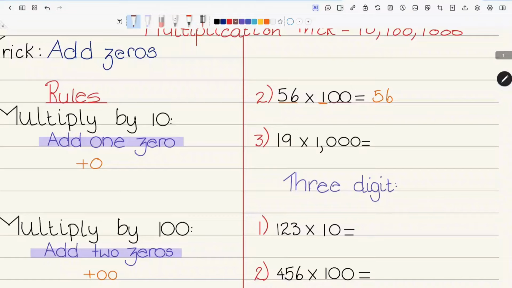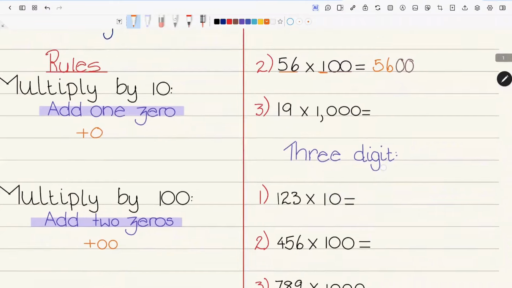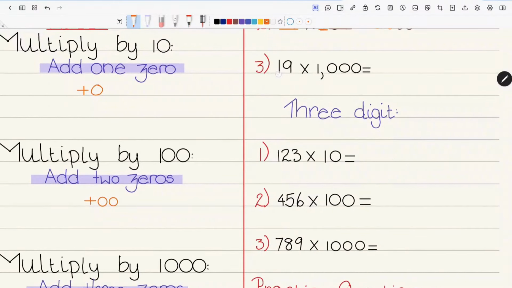So if it's 2, you add 2 zeros. Moving on to the next question. If you have 19 times 1 and 3 zeros, you multiply 19 by 1, which gives you 19. And how many zeros are there? There are 1, 2, 3. So you add 3 zeros, which gives you 19,000.